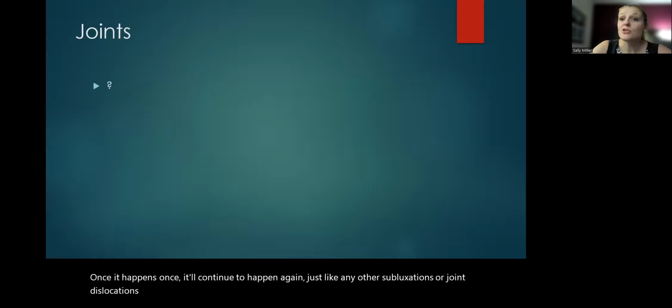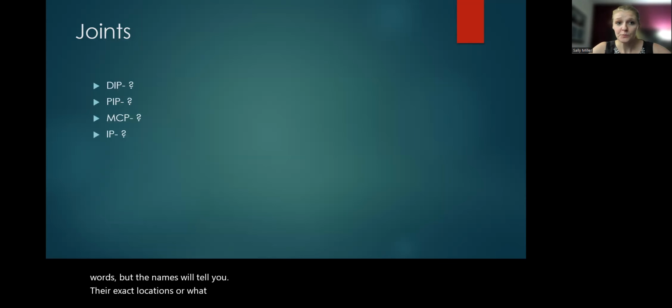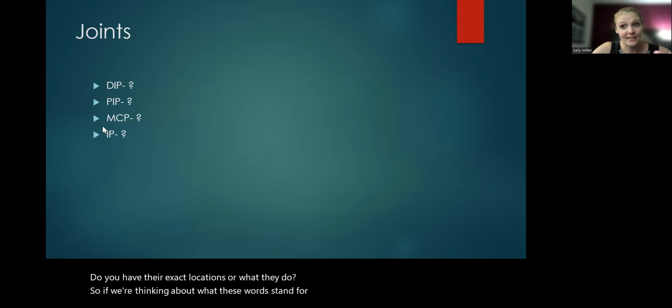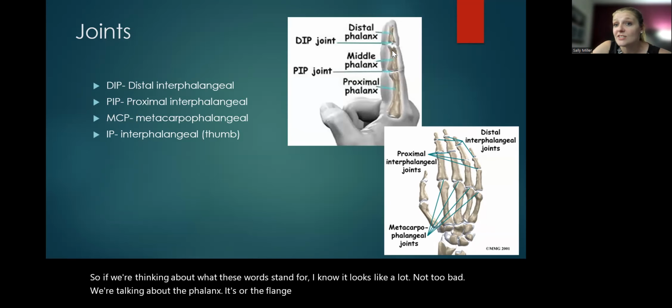So again, thinking about the joints of the hand, it looks like a whole mouthful of words, but the names will tell you their exact locations or what they do. So if we're thinking about what these words stand for, I know it looks like a lot, not too bad. We're talking about the phalanx, or the phalange itself in each of these 3 separate phalanxes, right?